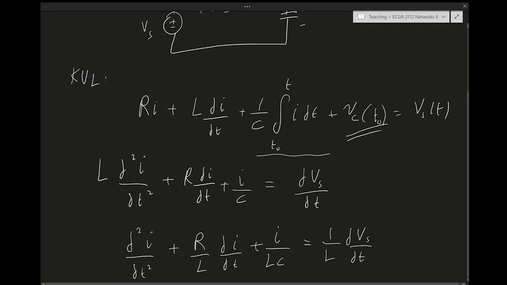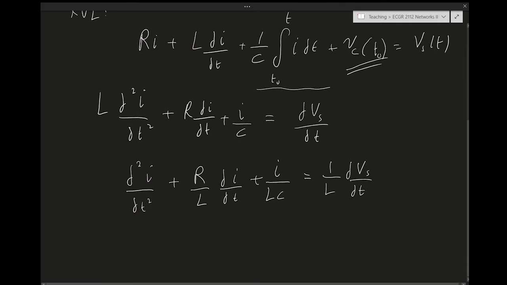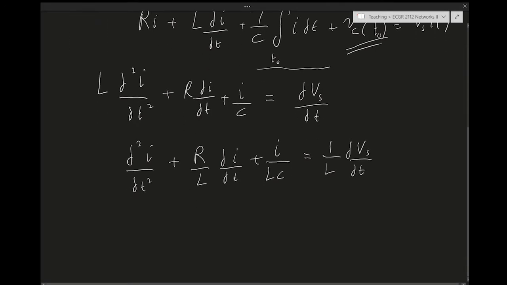This is the kind of differential equation I would get. Then we solve the homogeneous equation, and then we can solve the particular equation depending on what the source is.